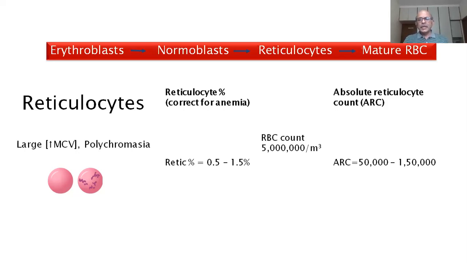You will realize that his absolute reticulocyte count is only 50,000 and he does not have reticulocytosis. So whenever you want to confirm reticulocytosis, calculate the absolute reticulocyte count, which is very easily done if you have the reticulocyte percentage and the RBC count, both parameters available in the newer generation machines. In the older generation machines, you will have only the RBC count.